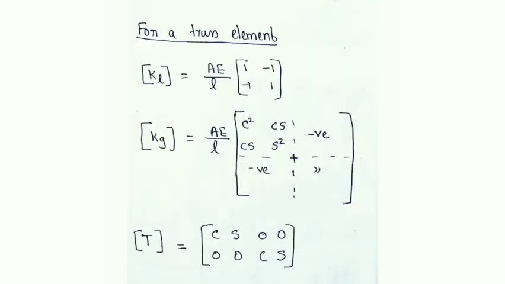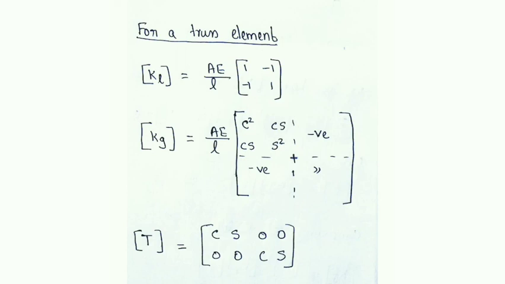Okay, so we can conclude that for a truss element, the local stiffness matrix KL equals AE by L into [1 minus 1; minus 1 1], and the global stiffness matrix KG is equal to AE by L into C square, CS, CS, S square, which is the first part.